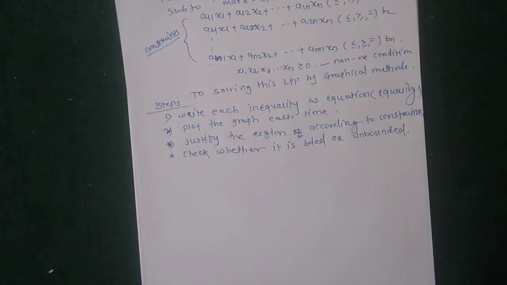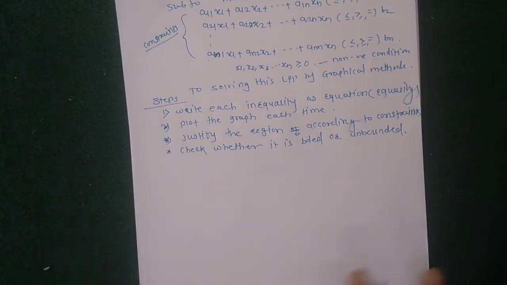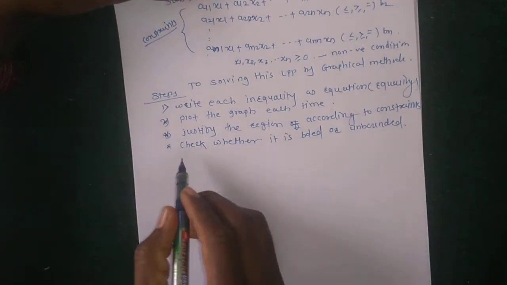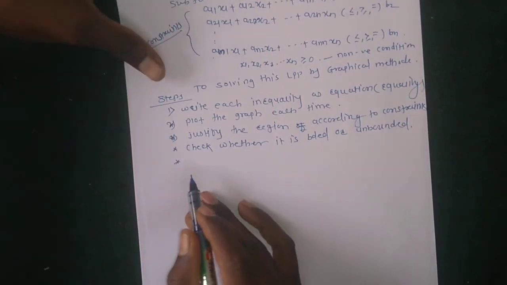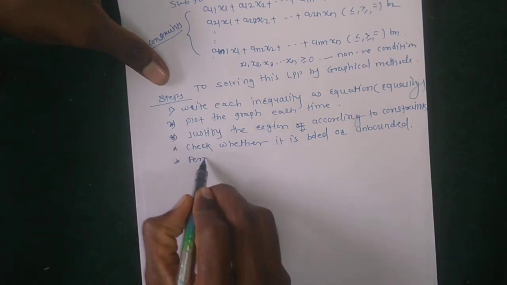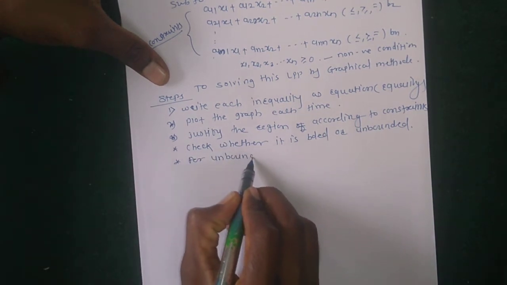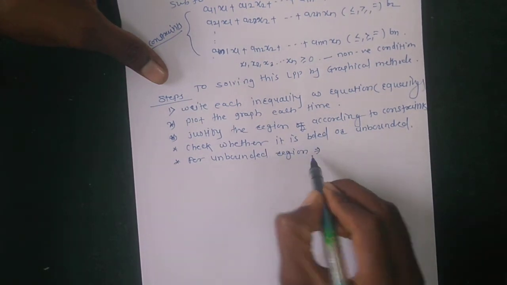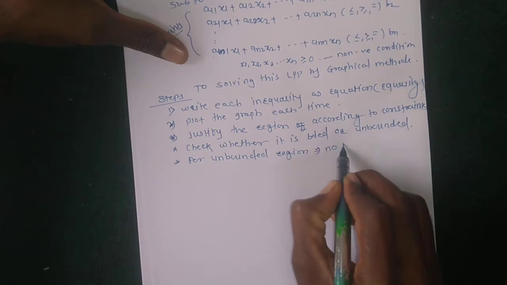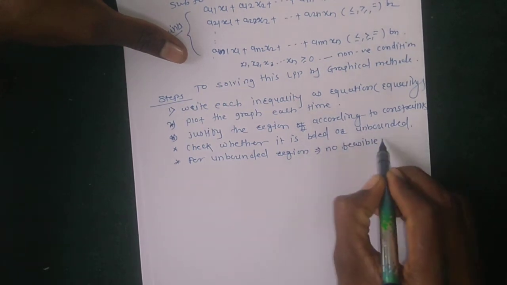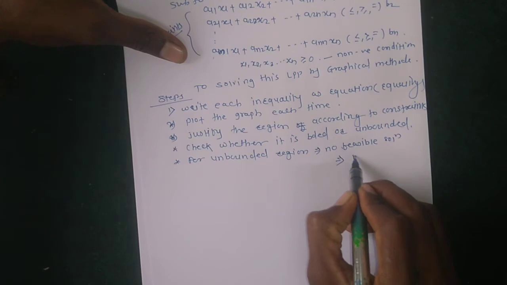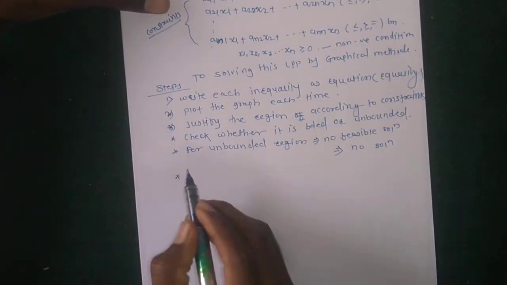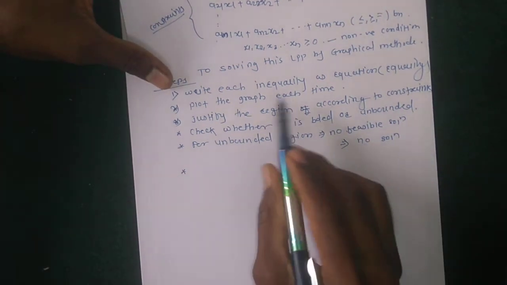If the feasible region is bounded, then it has a feasible solution. If the region is unbounded, then it has no feasible solution, which implies that this LPP has no solution.